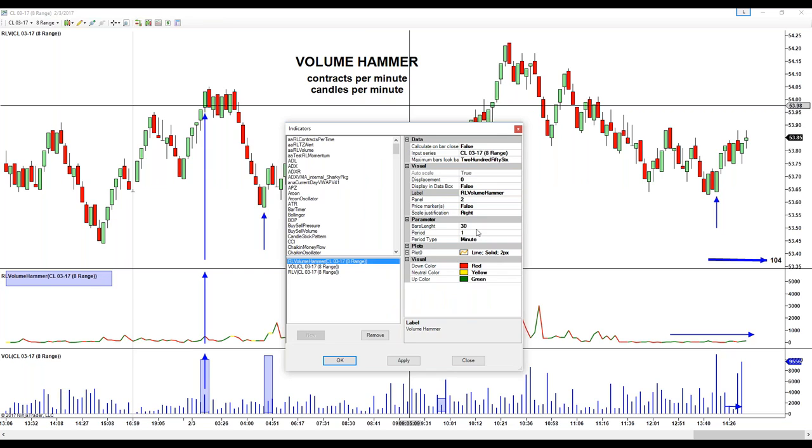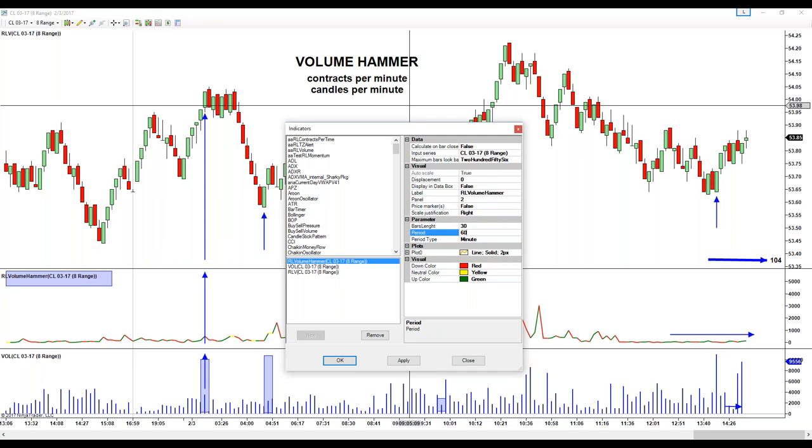If you look at the indicator, you can determine the interval. Now, I like to see it. This is one period. It's going to occur every minute. You can have it occur every 2 minutes, every 3 minutes, every 4 minutes. Or you can have it occur every 60 minutes.